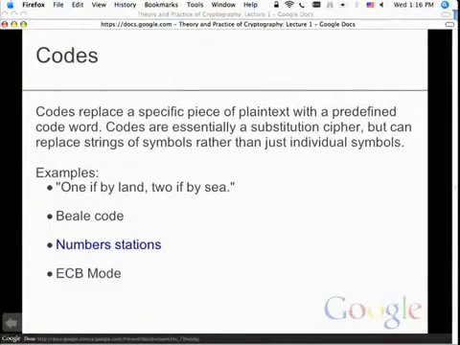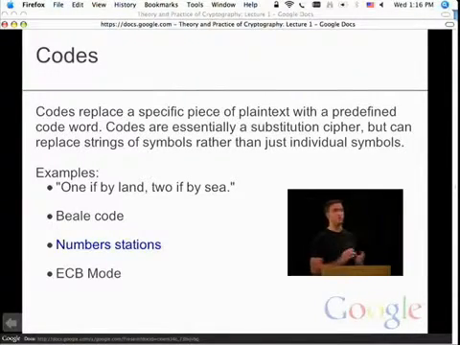Another thing that comes up, kind of related, is codes. Codes are a little bit different than ciphers. The idea is that you have a code book of words, symbols or sentences that are predetermined, and rather than replacing individual symbols, you're replacing strings of symbols. The line is a little bit blurred because they're very similar.